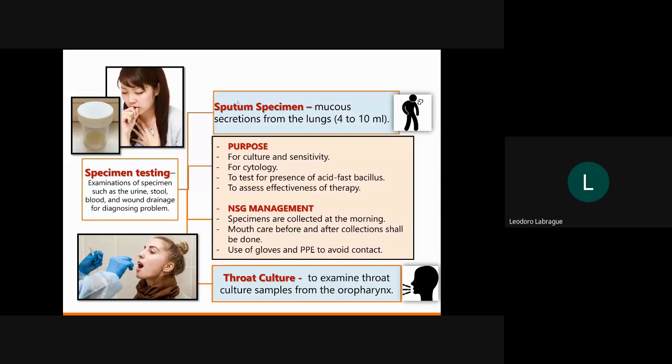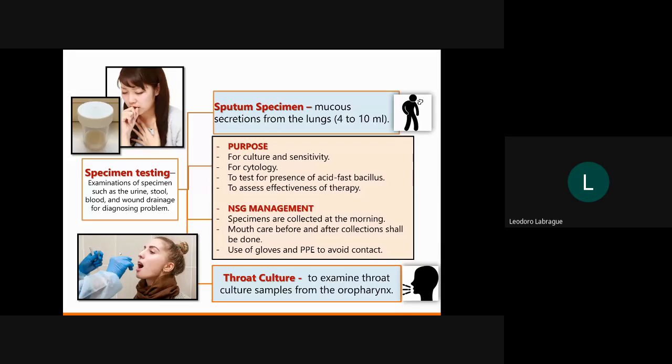Now, the last specimen examination is called throat culture or mouth swab. This is very common, especially these days. Why? Because of the coronavirus. If you want to know if you have the coronavirus, you just need to have a throat culture or oral swab. See the photo here down? A small applicator is inserted into the mouth, into the throat, for the presence of any microorganisms.